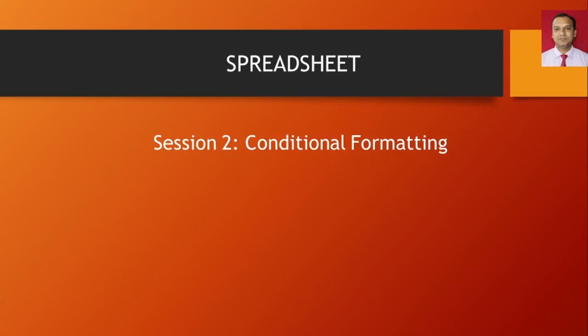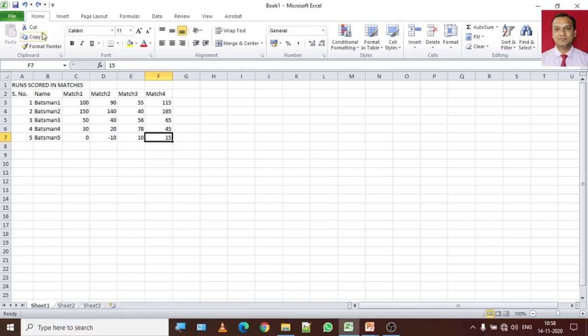So today we would be dealing with the second session, conditional formatting. What is conditional formatting? All these things I will tell you step by step, but before starting conditional formatting, I would like to show you the format of the data that I type here.